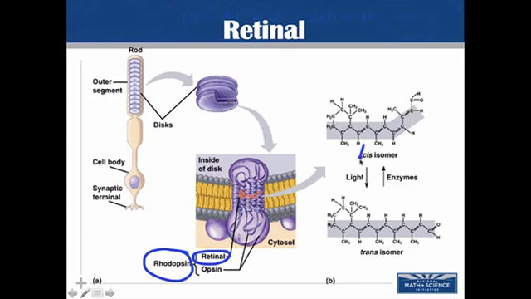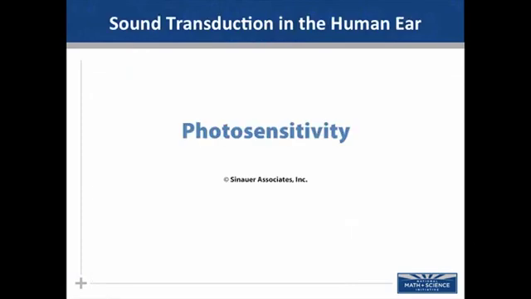That light causes the change of retinol from its cis form to its trans form, and that change is what our nervous system can detect as a light stimulus. So let's look at that process a little more closely. This next little video clip is going to describe photosensitivity. I want you to listen for how an isomer helps you be able to see.